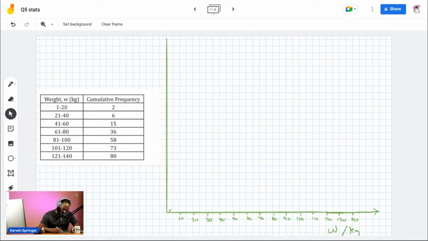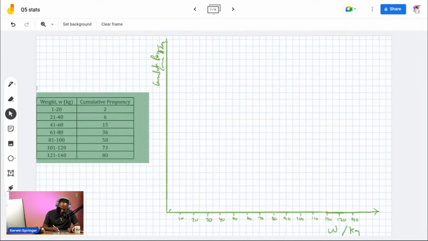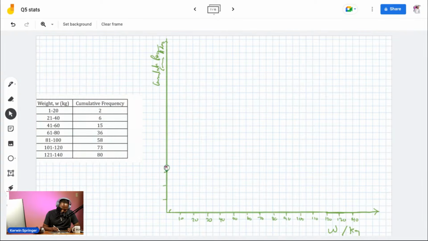You write out fully cumulative frequency, then you write number of days or something. You just want to have a label for everything. And this needs to go all the way up to 80. I could do the same 10, 20 thing: 10, 20, 30, 40, 50, 60, 70, 80.